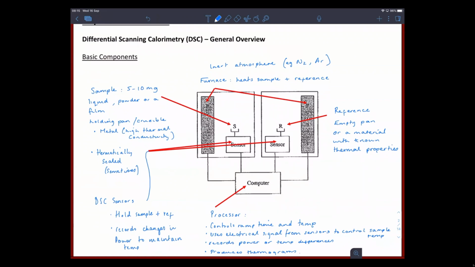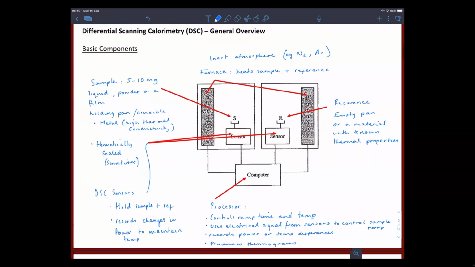A high-end differential scanning calorimetry instrument will probably cost you in the range of about $65,000. So if you're interested in getting one, it's worth saving for.